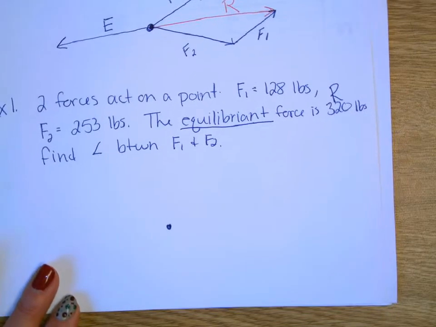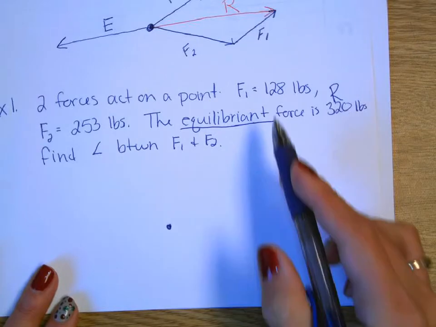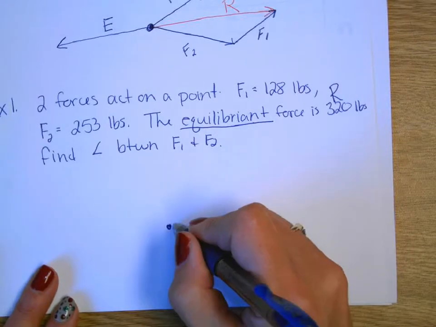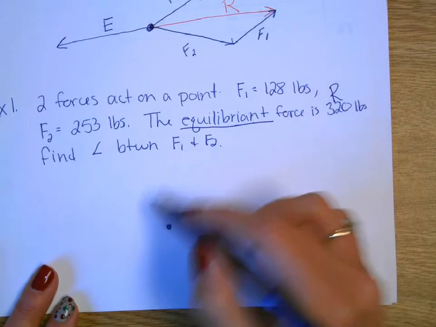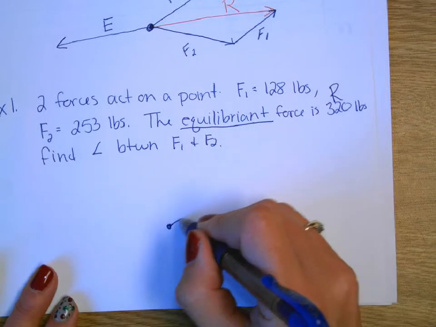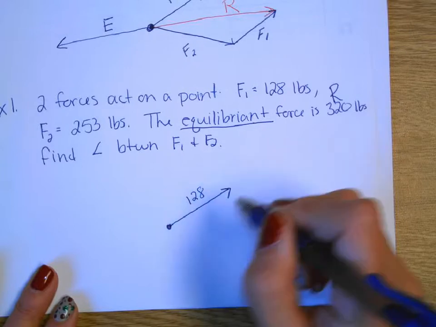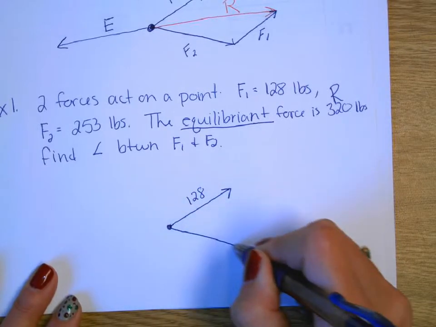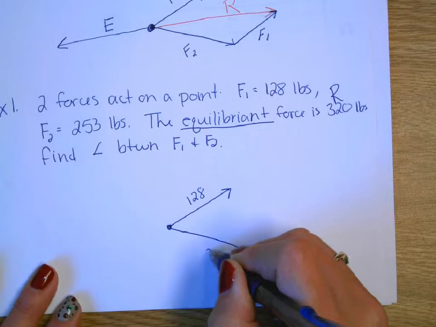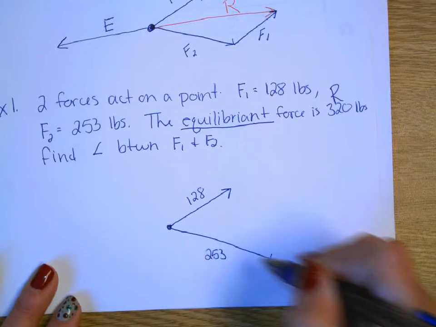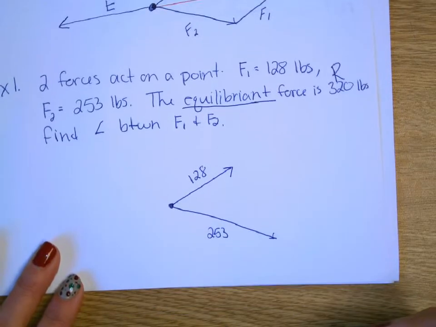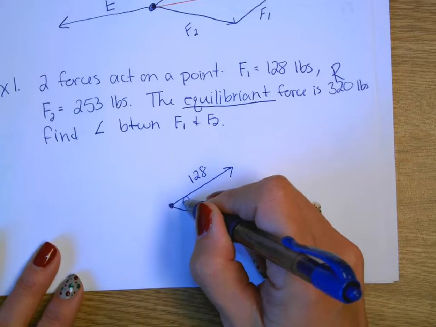Okay, to have your point. We've got two forces pulling on this point. I don't know what the angle between them is, that's my goal. So force 1 is 128. Force 2 is 253. Our goal is to find this angle between them.